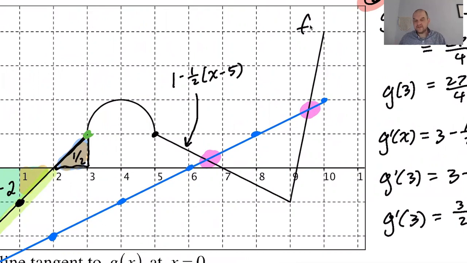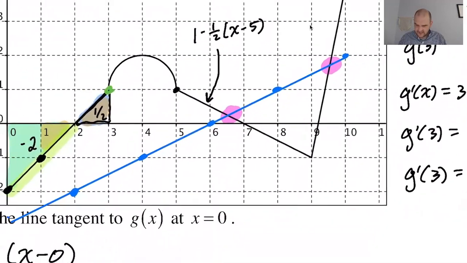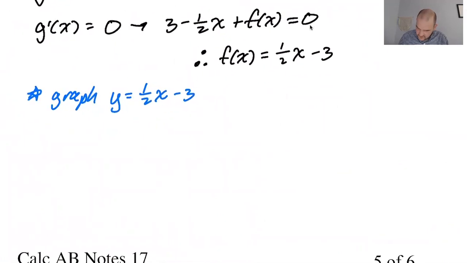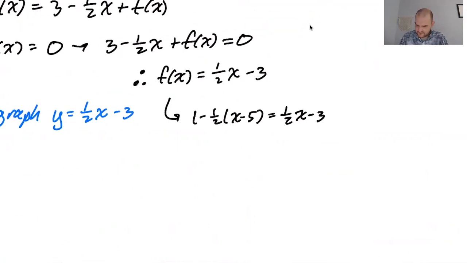So if I can find the intersection of that with 1/2 x minus 3, that's one place. So 1 minus 1/2 quantity x minus 5 equals 1/2 x minus 3. And I need to solve that.